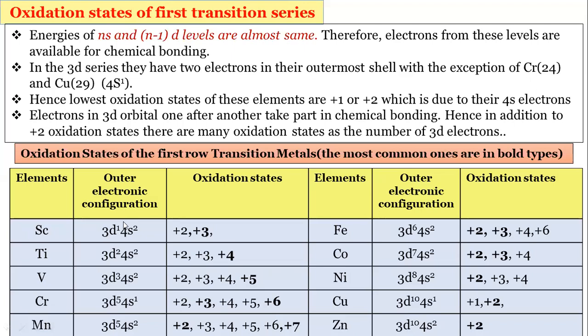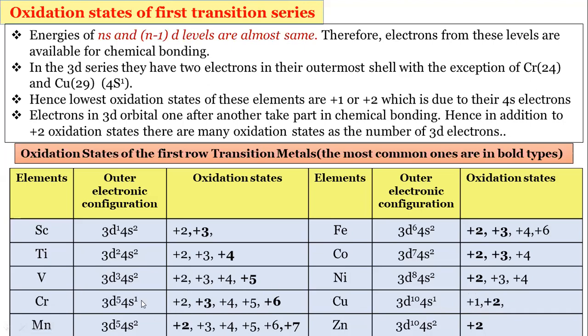So in the 3d series, if you compare the oxidation states here, only copper can show +1 oxidation state, but it is very unstable because there is only one electron in the s orbital.